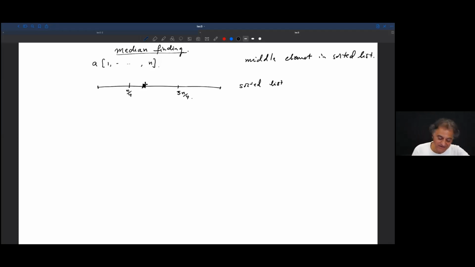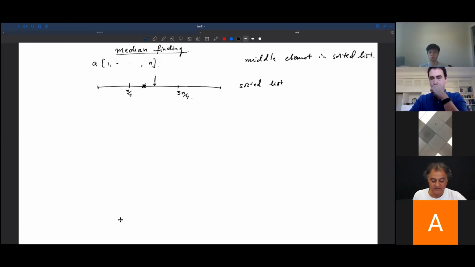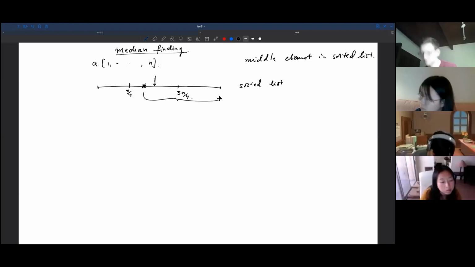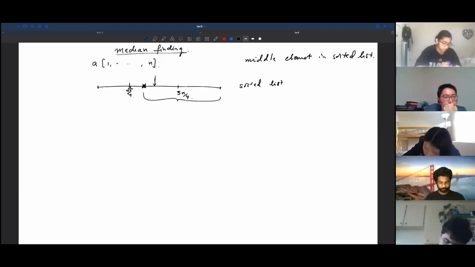Well, what I'm looking for is this middle element. So now I'd be left with this list, not in the same order. This is my notional element. I'm pretending I have this sorted list just to understand what's going on. So suppose I had this magic way of picking an element somewhere between n over 4 and 3n over 4.